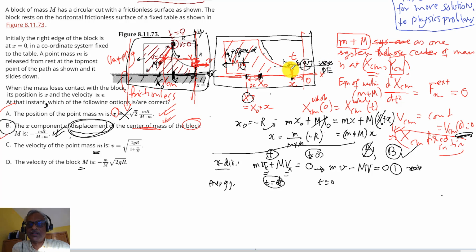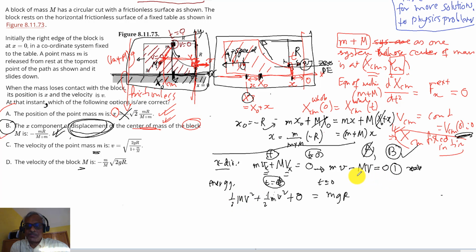Then this level will be mgr, because this is a distance r, the radius of the arc. I'm sorry, this will be little m g r, that's the potential energy at time 0, and on the left side the potential energy will be 0. Kinetic energy will be half little m v squared, plus the kinetic energy of the big M, half M V squared.